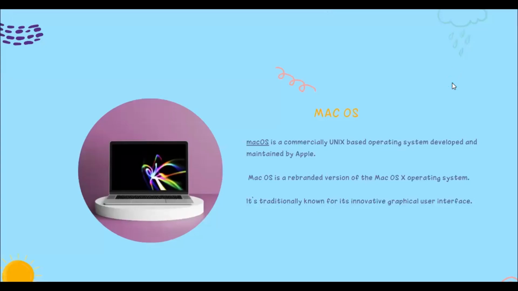Last but not least, macOS is a commercial Unix-based operating system developed and maintained by Apple. macOS is a rebranded version of the Mac OS X operating system. It is heavily based on NeXT and the Darwin operating system.